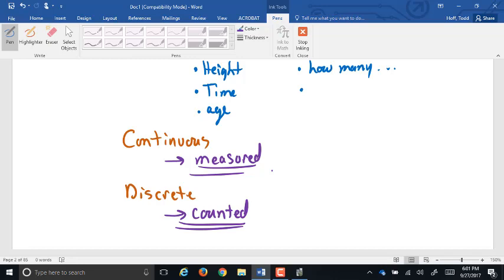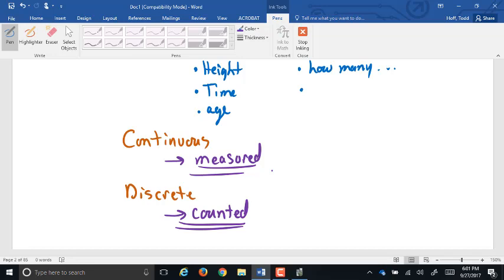So that becomes discrete. Although, if you want to get into more technical, more mathematical definitions of continuous and discrete, discrete means that there are gaps in between numbers. Like you go from 1 to 2 to 3, but you can't have 2.5 or 3.5. Or you go from 1.1 to 1.2 to 1.3, but you can't have 1.15.